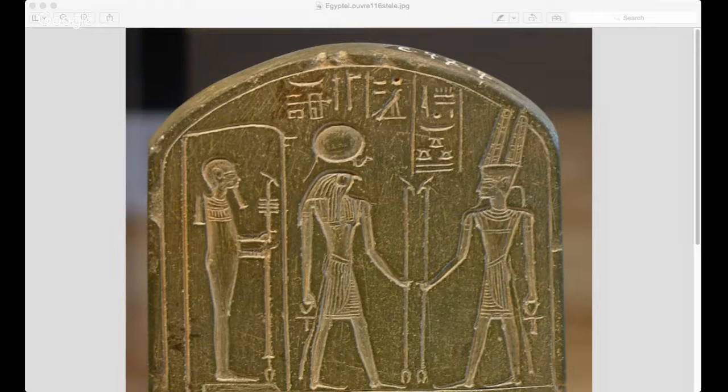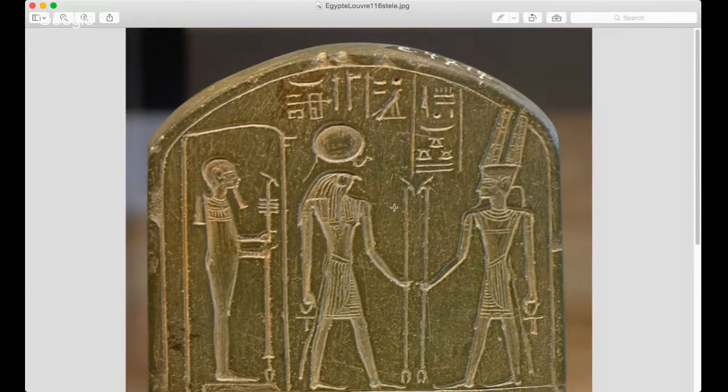So I saw a question. Someone asked, "What are they holding?" Looking at the images, the two on the right are holding the wasp scepter. We know that sign to mean dominion.